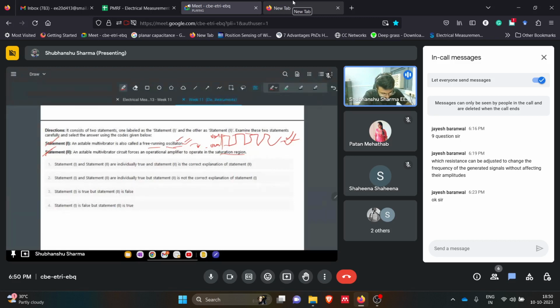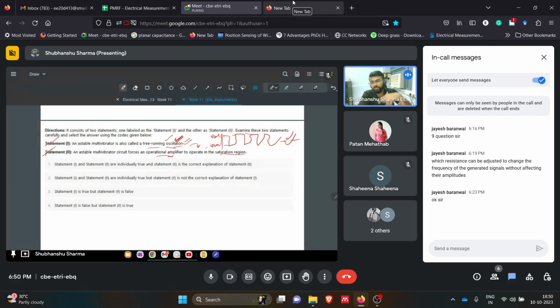The first statement is just a fact, that this is a free running oscillator, but it is not explaining why the op amp is in the saturation region. The reason is positive feedback, and that is not clear from the first statement.